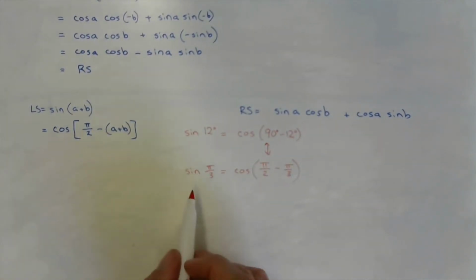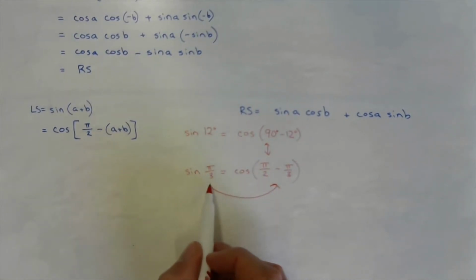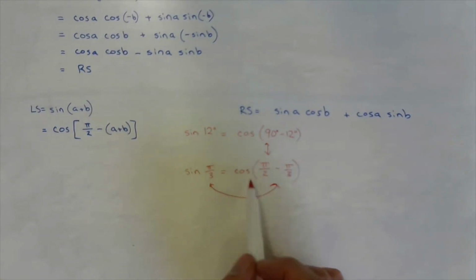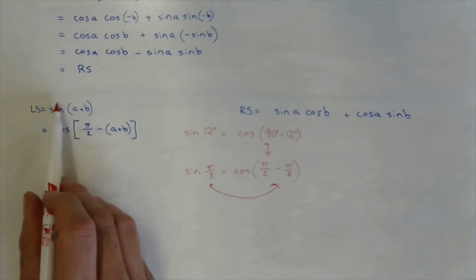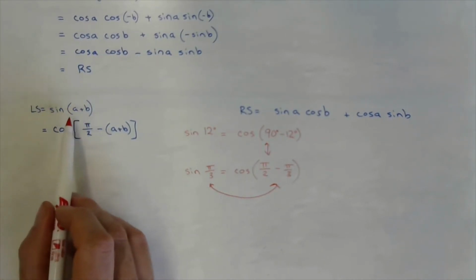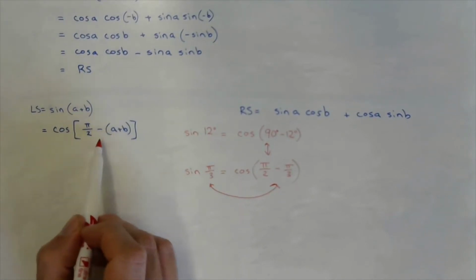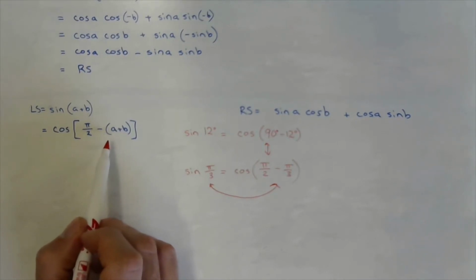These are then correlated ratios, and these are the correlated angles. Pi over 3 is correlated to this angle. So all we did is express this sine compound angle in terms of cosine by using the correlated angle formula. So that's how we get to that.